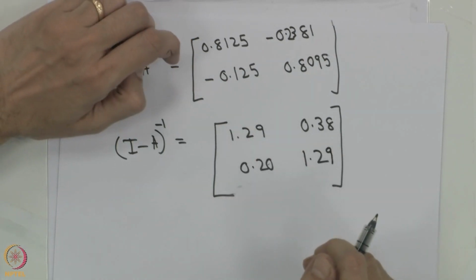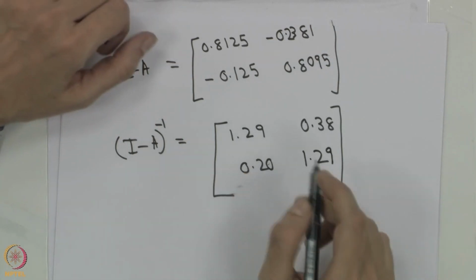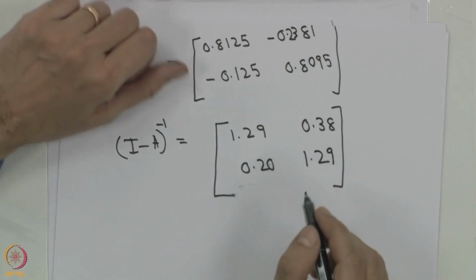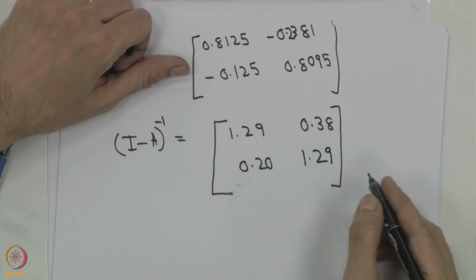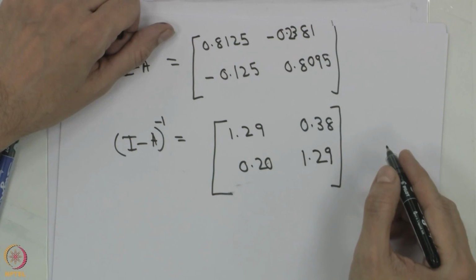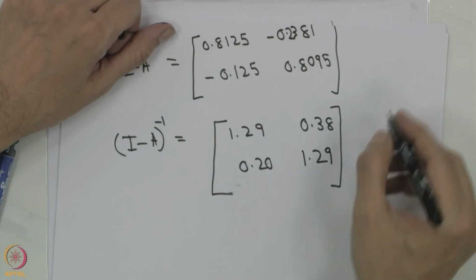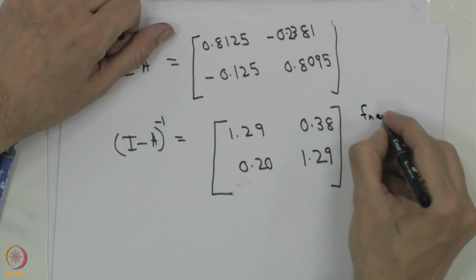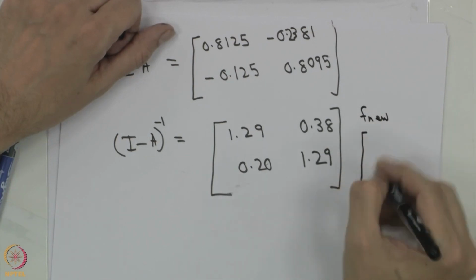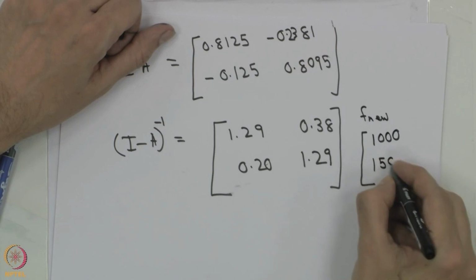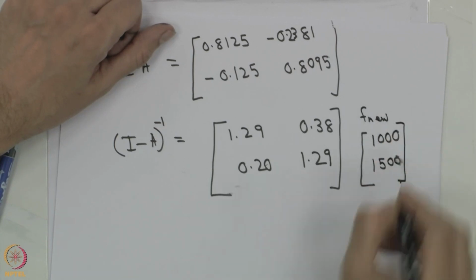This is your I minus A inverse. Now when you multiply this by the new value of f, F new is going to be 1000, since 800 will become 1000, and this remains 1500.